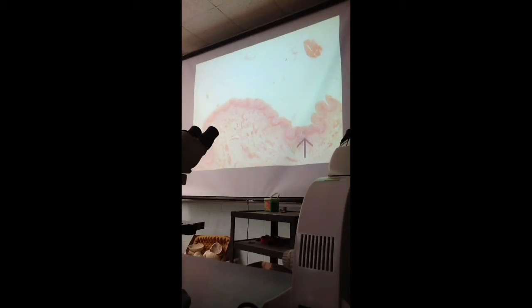So here you see the type of epithelium, because the section was taken when the bladder was relaxed. When I mean relaxed, the bladder is not stretched. It's all folded and folded. So you see all these folds. And these folds are called rugae, just like the rugae of the stomach and the rugae of the gallbladder.